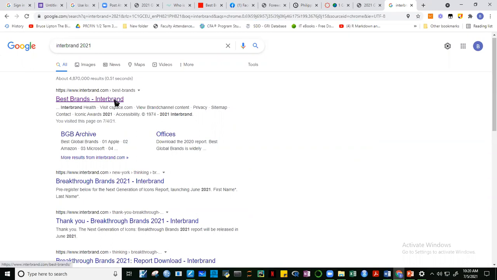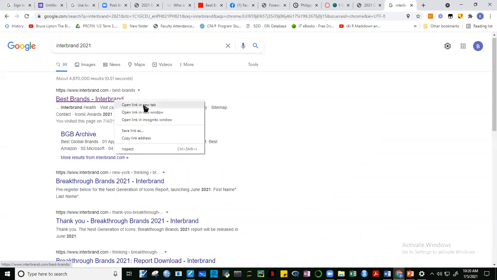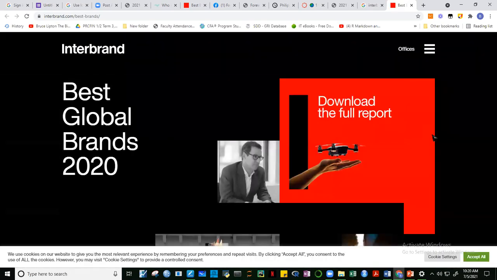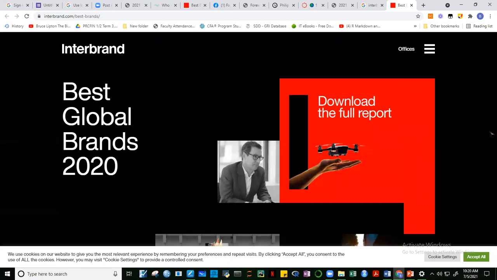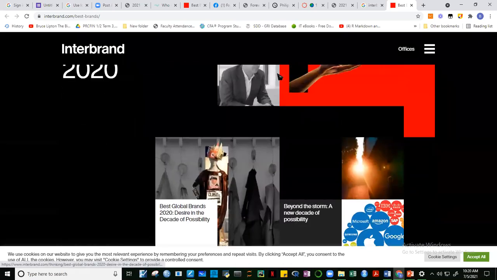This has been around a long time, since the early 2000s. So let's open this. So just like RepTrack, what they value is the brand of the company. So Best Global Brands 2020. You can download the full report. If you go down, okay.